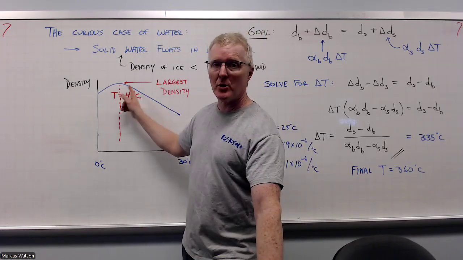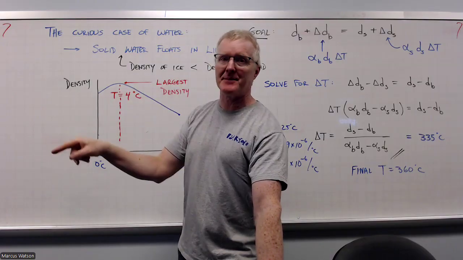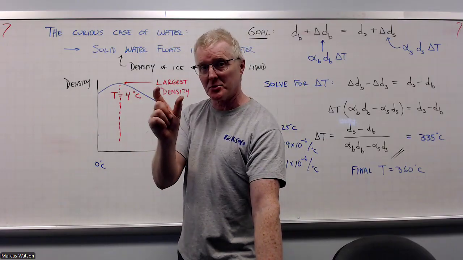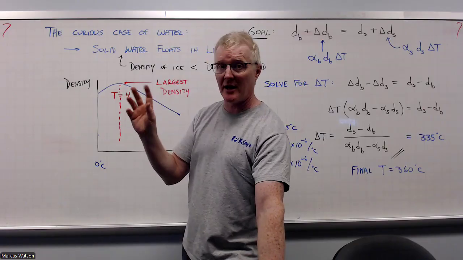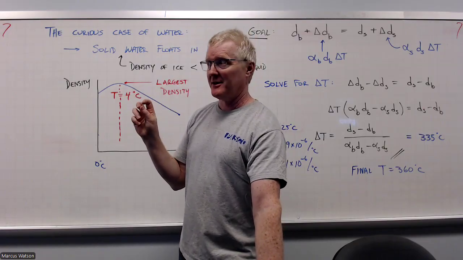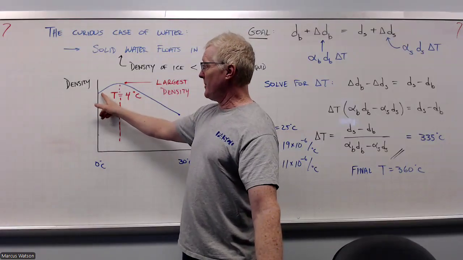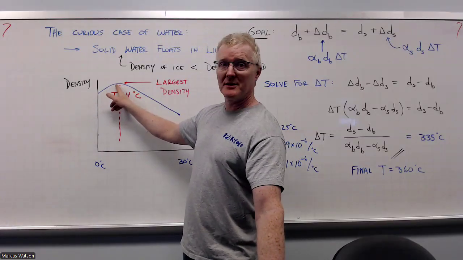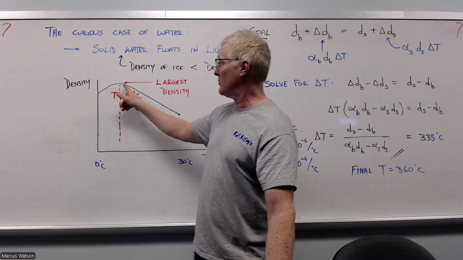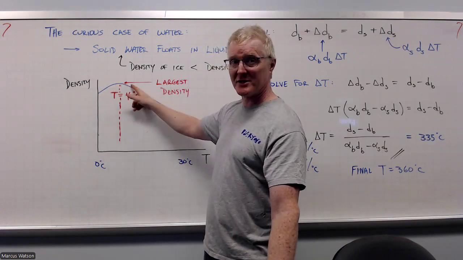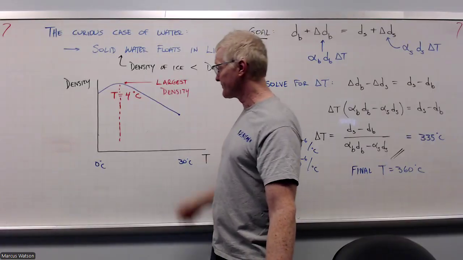Between 0 and 4 centigrade, water does the opposite: it's thermal contraction. If you heat it up, it actually shrinks. Once you keep heating it past 4 centigrade, it increases its volume.